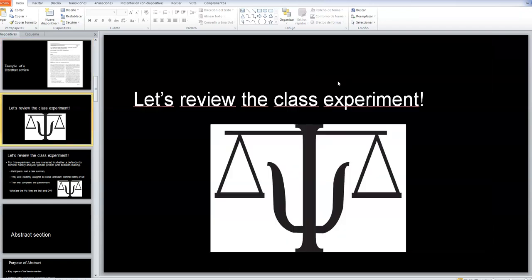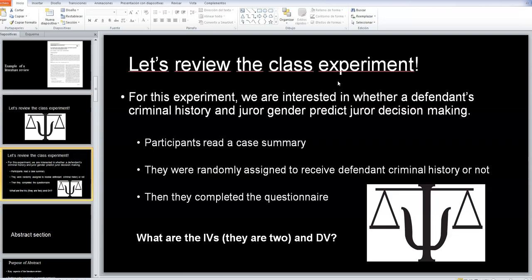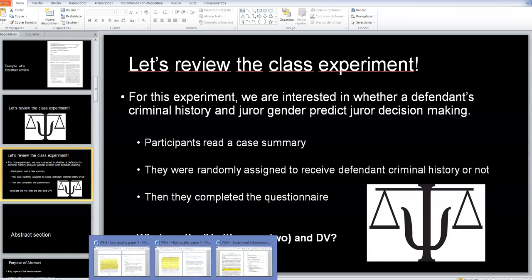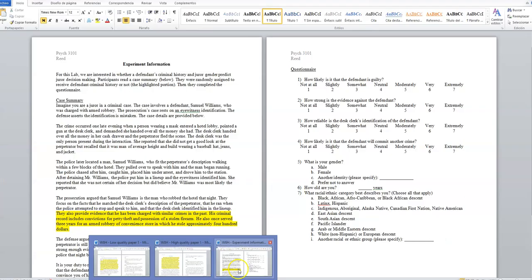Now, let's review the class experiment. Everybody should have done the class experiment last week, and the data is set. We're going to give it to you by next week, and we can talk a little bit more about this in person. But in essence, in this experiment, we are interested in whether a defendant's criminal history and your gender predict your decision making. So everybody should have read a case summary that was similar to this.